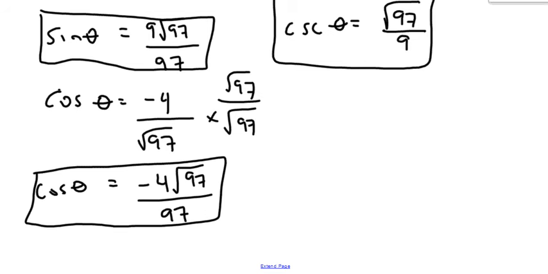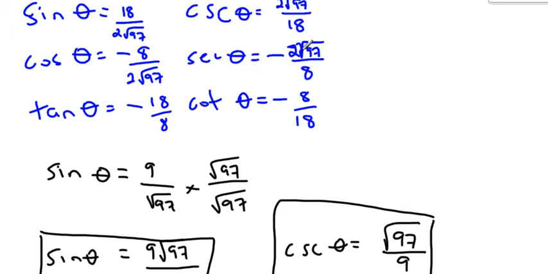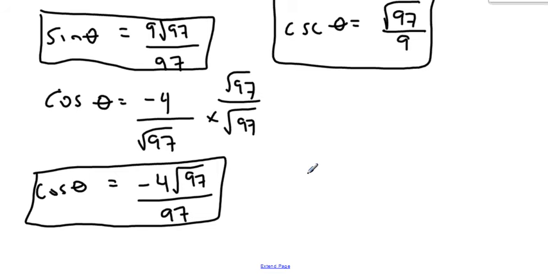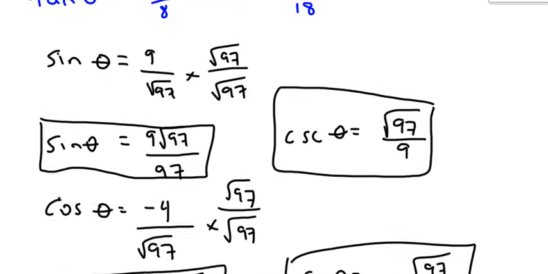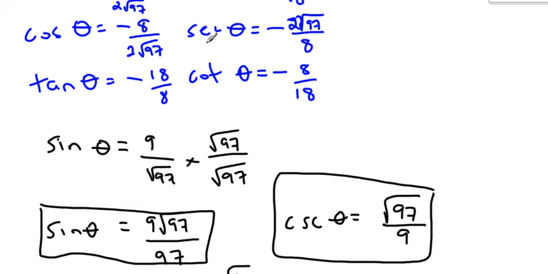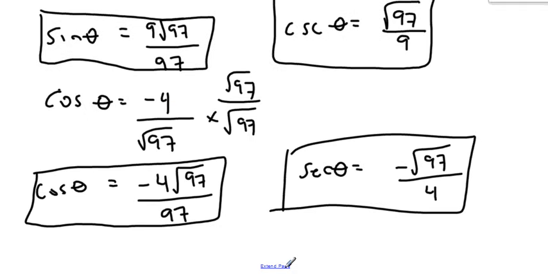And then let's see if secant theta needs to be played with. So the only thing wrong here in secant theta is that I have 2 over 8, which can be reduced. So secant theta is negative root 97 over 4. And tan, how's tan doing? So I don't have any radicals to worry about, but I do have negative 18 over 8 and negative 8 over 18, both of which can be reduced.